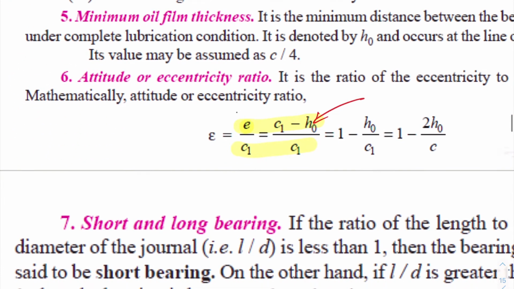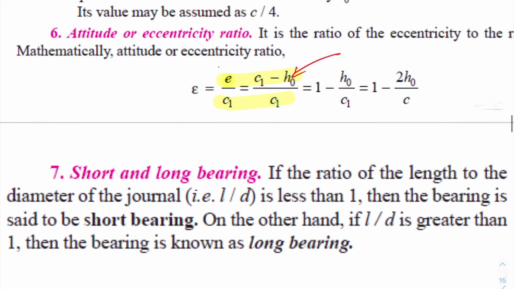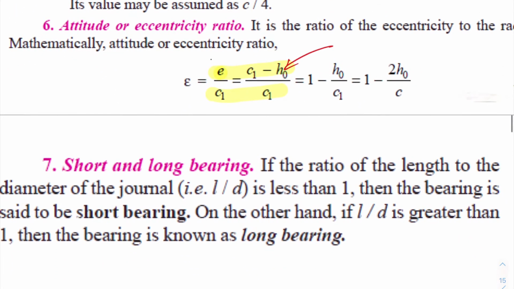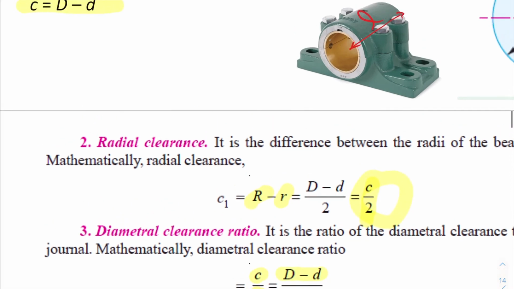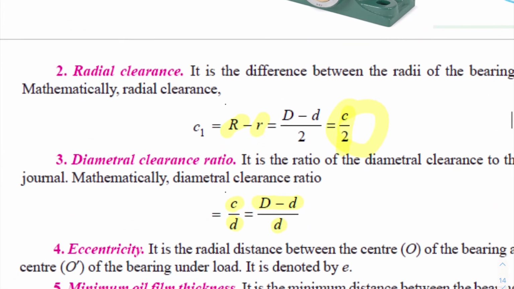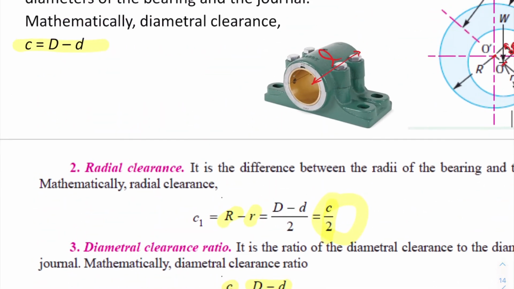And lastly, before we begin with the design, you have to be aware of these terms, short and long bearing. Usually students get confused about these statements in the questions whenever they see them. So let's take this in this manner. Consider this is our bearing.